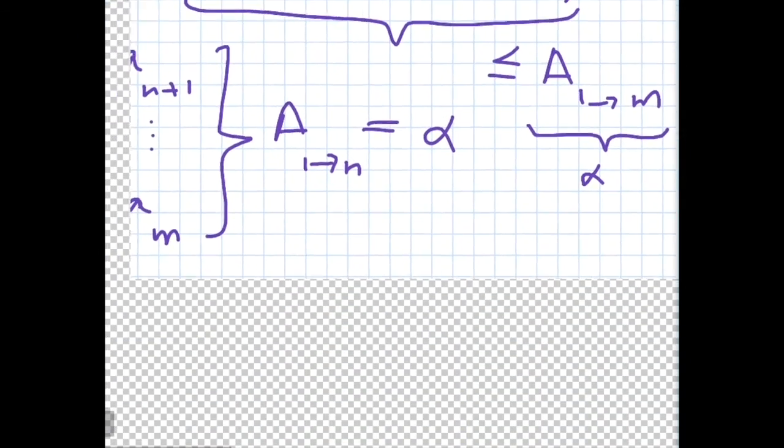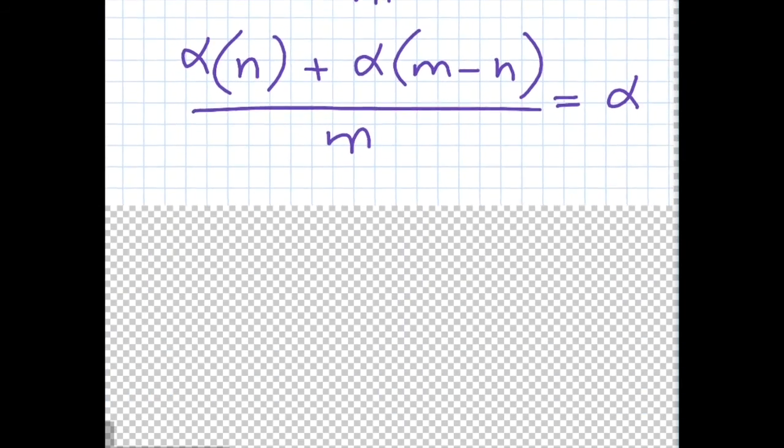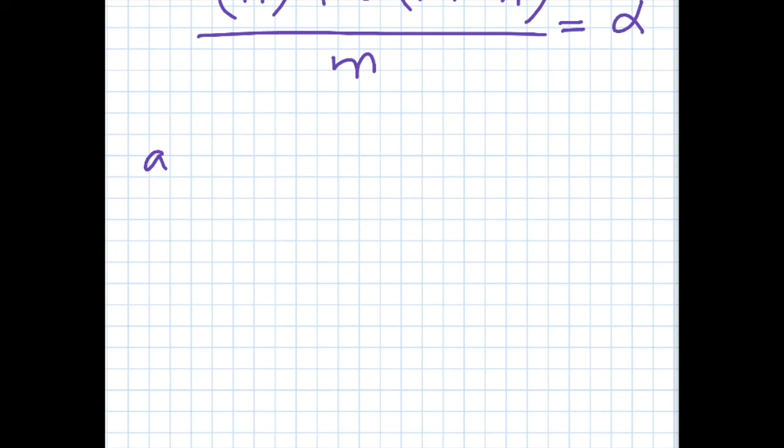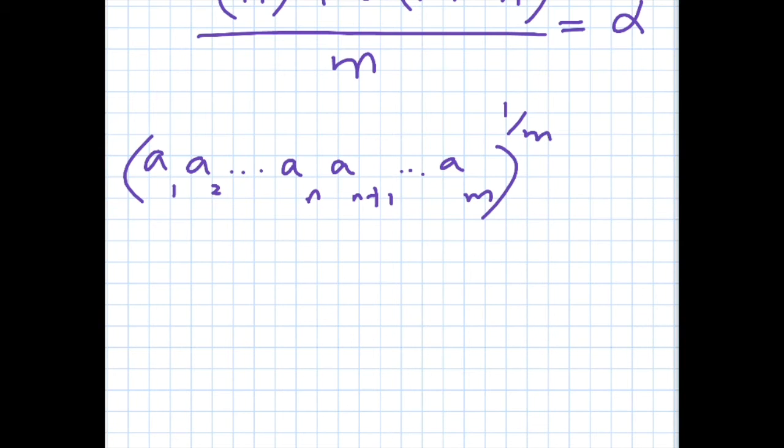So let's go back to this situation again. We have a1, a2 up to an, then a(n+1) up to am to the power of 1 over m, which is less than alpha.